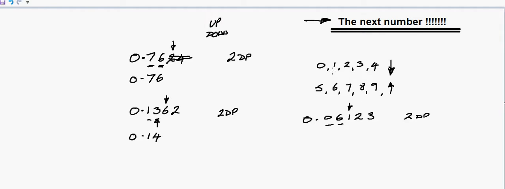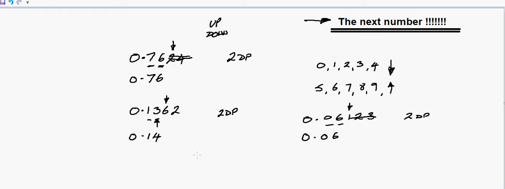A 1 rounds down, so the 6 stays as it is. So we get 0.06. We have no interest in this because these numbers are getting so tiny that they are insignificant. Okay, and it really is that simple. Don't try to overcomplicate something that is simple.